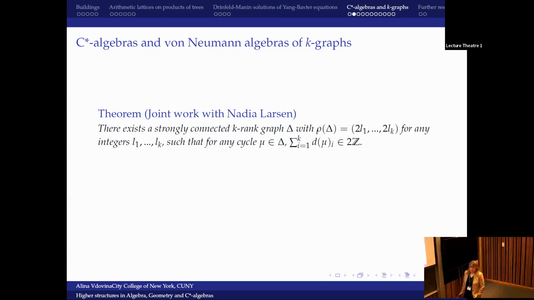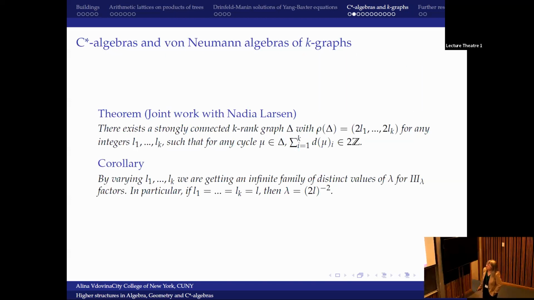There is a work of Nadia and Aidan Laka, it's a very collaborative community, where they use the spectra of higher rank graphs to find new examples of von Neumann algebras of K graphs.